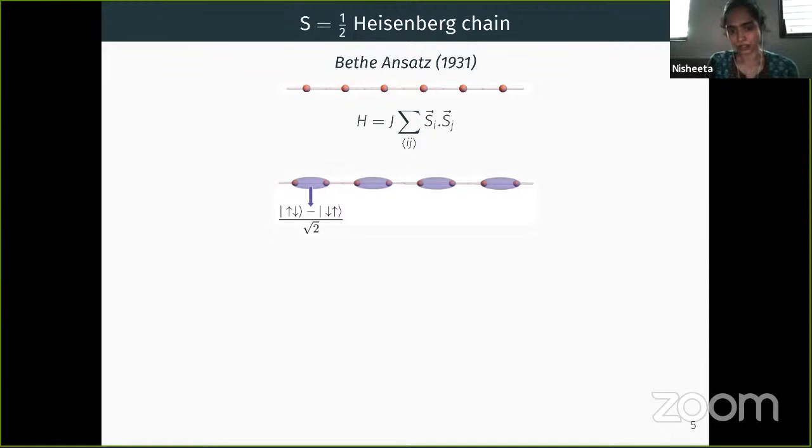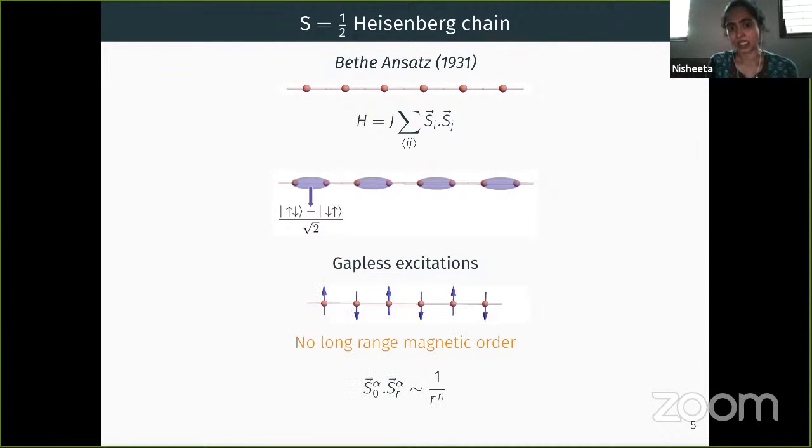But we also know from the Mermin-Wagner theorem that you cannot break a continuous symmetry spontaneously in one dimension. So you cannot have long-range magnetic order either. So the ground state, as it turns out, is a critical state where all correlations decay as a power law, not just the spin-spin correlations, but even the dimer-dimer correlations decay as a power law in the antiferromagnet. So now that was the case for the spin half Heisenberg chain.